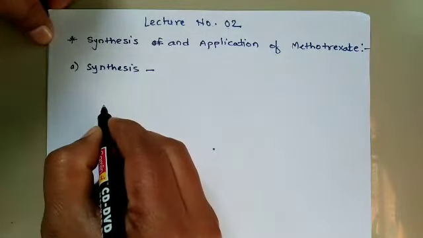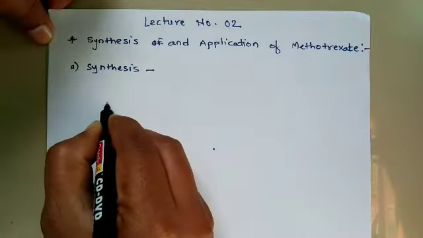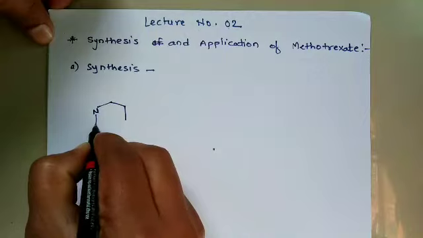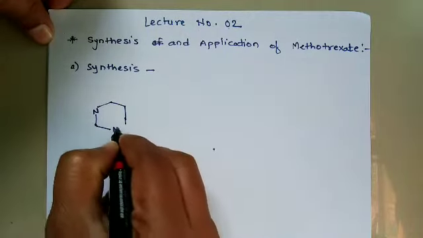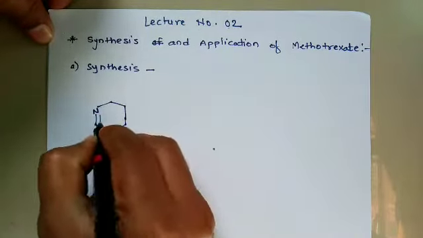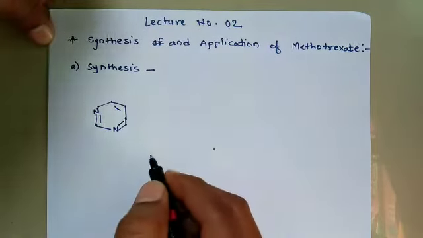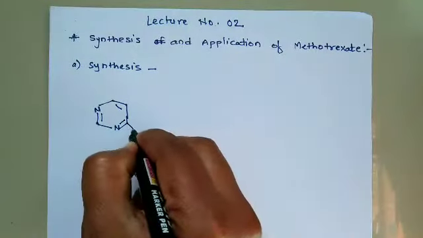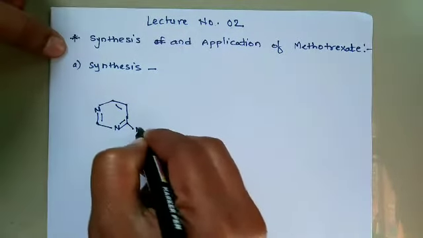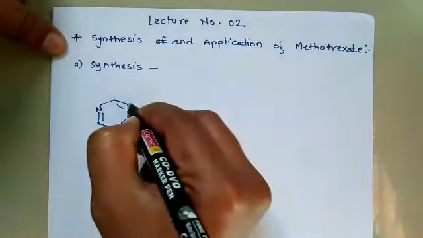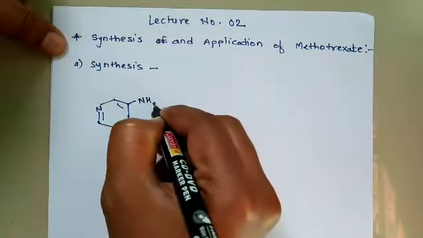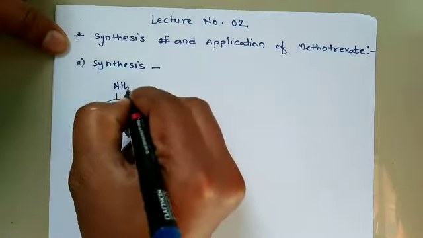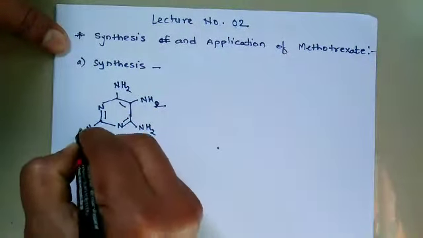As we know the structure of pyrimidine, the first and third positions have 2 nitrogens in a 6-member heterocyclic compound, and the other positions have NH2, then again NH2, then NH2 and NH2.